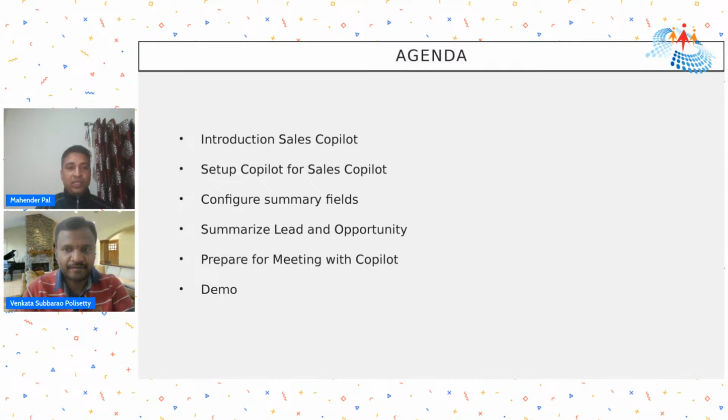So we will discuss what changes are required for sales Copilot, and then some of its features: how we can configure the field when we want to generate the summary for leads and opportunities, and how sales Copilot can help us prepare for meetings when we have one scheduled. Finally, we will have a demo of those.